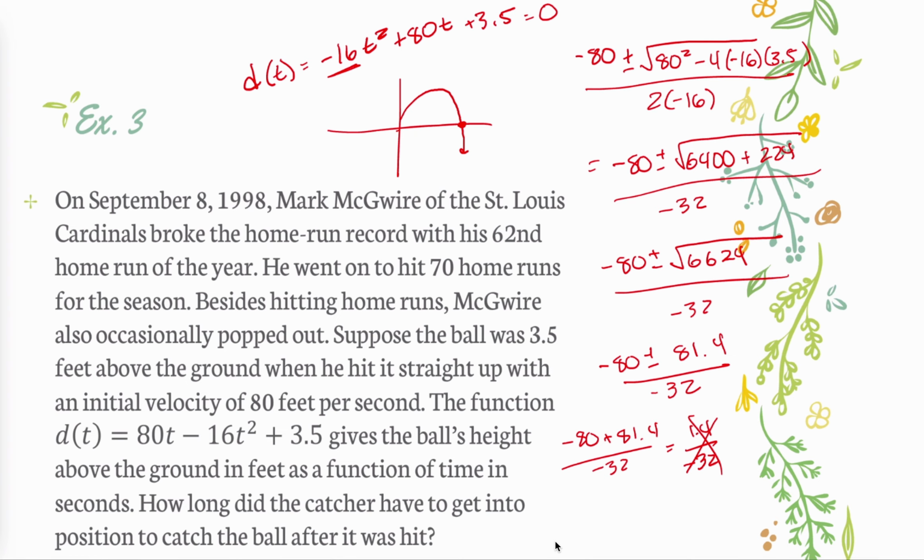So we want to do the subtraction, negative 80 minus 81.4 over negative 32. Which is going to be negative 161.4 over negative 32. And our negatives cancel out. And that is going to give us about 5.04 seconds.